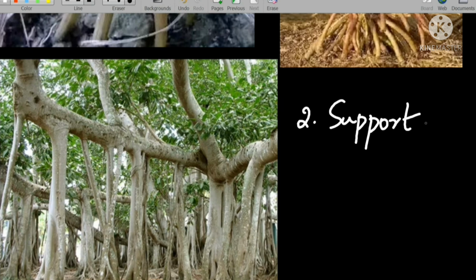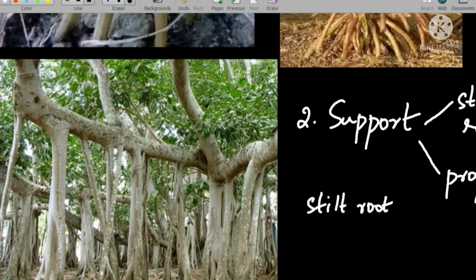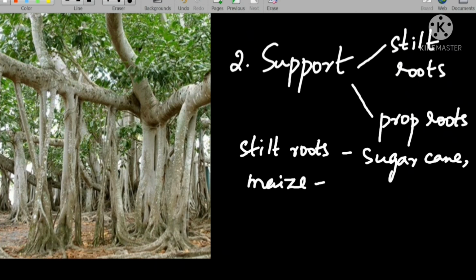Now there are two types of supporting roots. One is called stilt roots and the other is called prop roots. Stilt roots, for example in sugarcane and maize, arise from the lower nodes of stem.